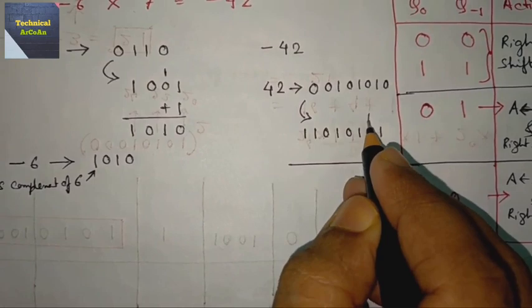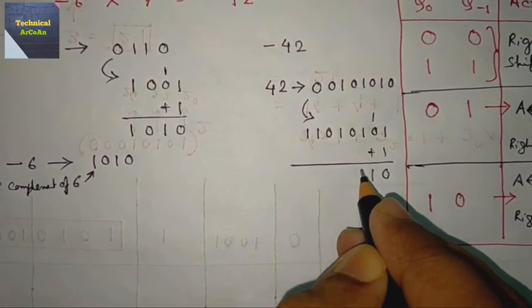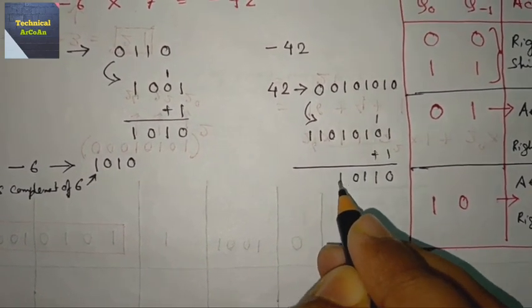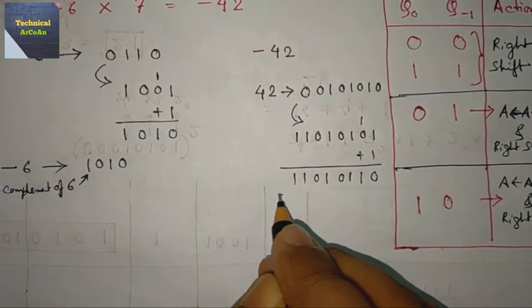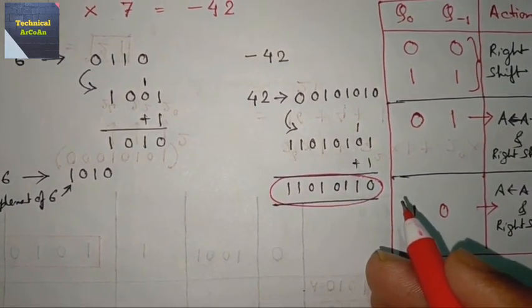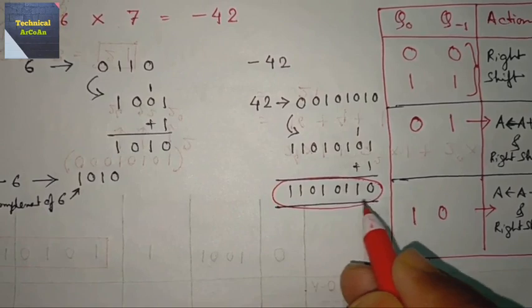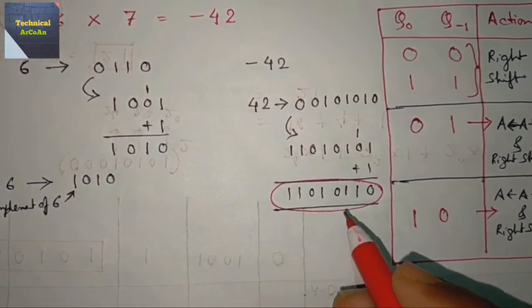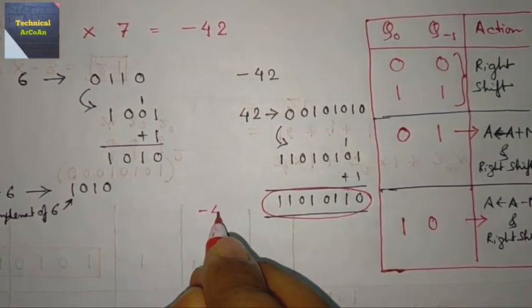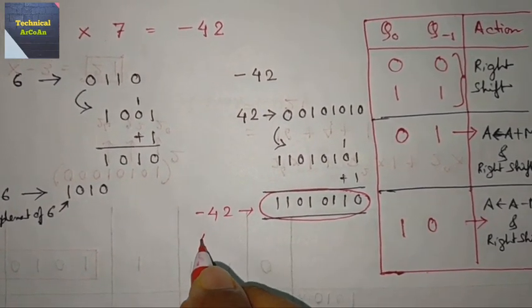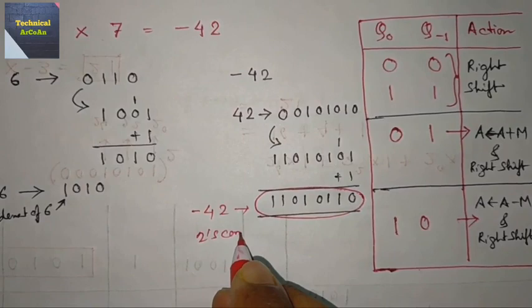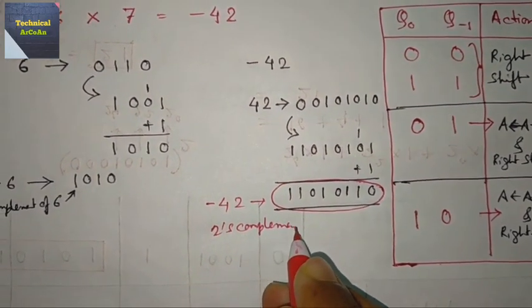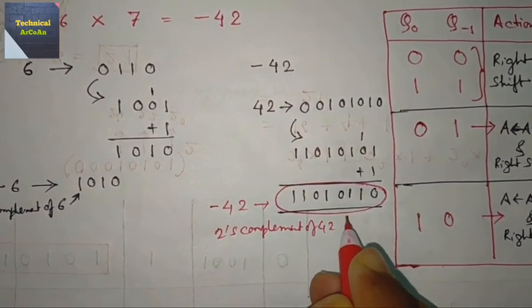So 1 plus 1 is 0, 1 is carry, 1 plus 0 is 1, and so on. When we get the result through Booth's multiplication algorithm, we should get this result. That's why we are finding this result in binary. So this is your minus 42, or we can say the 2's complement of 42 will be this number.